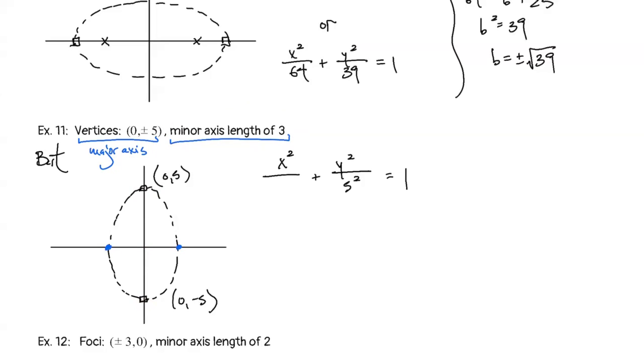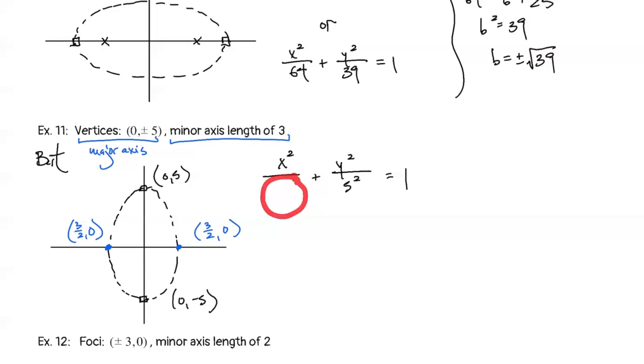What are these coordinates? Plus or minus 1.5, comma 0. Good. Okay, so when we talk about axis length, it turns out that the axis length is twice the distance from the center to a vertex or a co-vertex, okay? So what number then would we put down here?